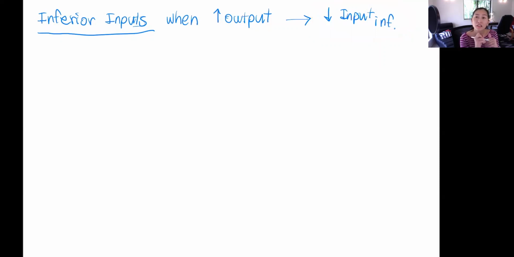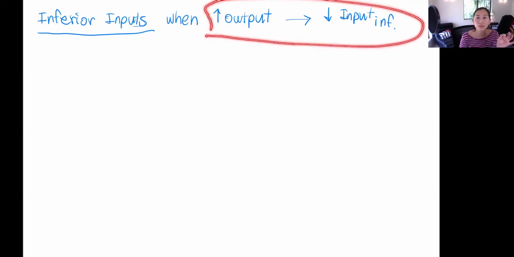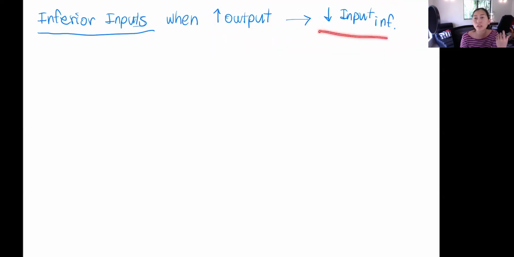Therefore, in this case, human is an inferior input for this production. So whatever input, it is an inferior input as long as when we increase the output, we reduce the employment of that particular input.